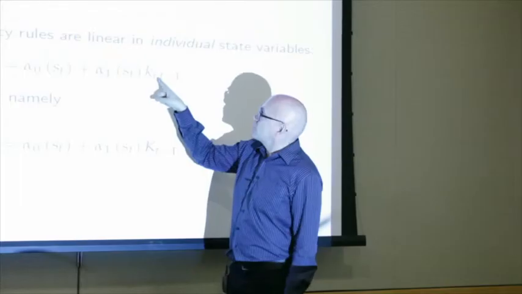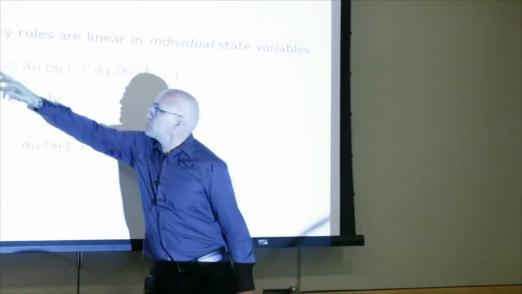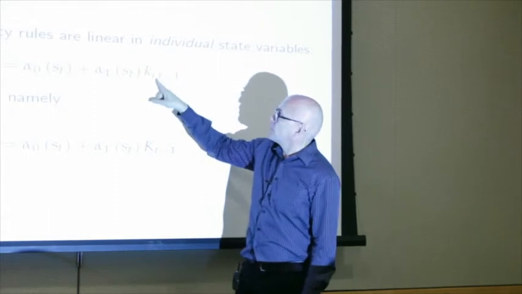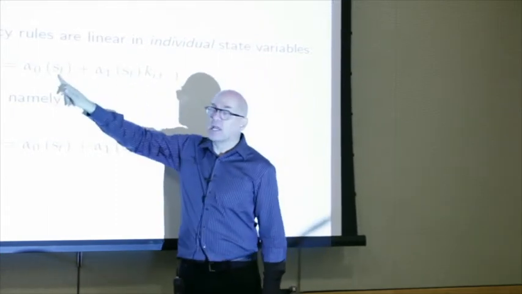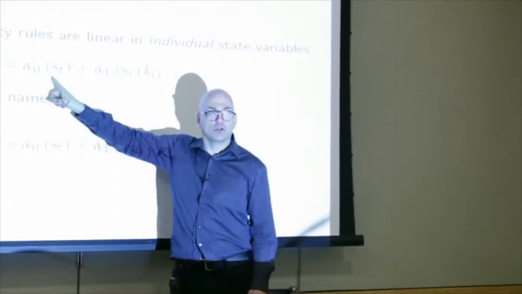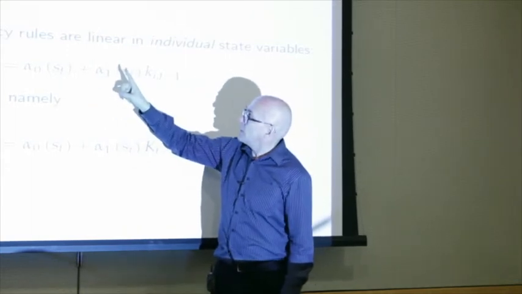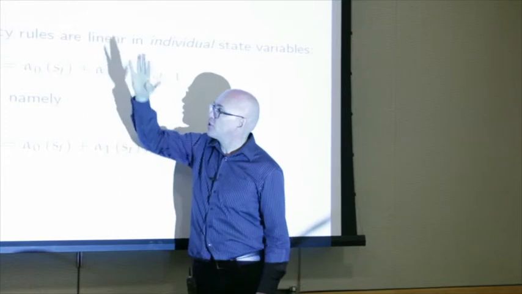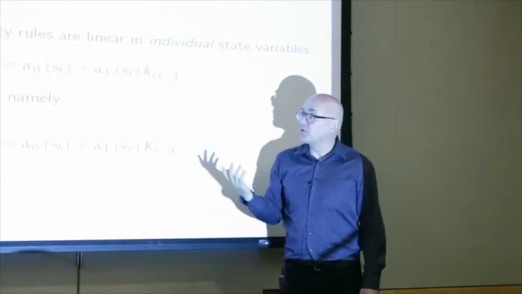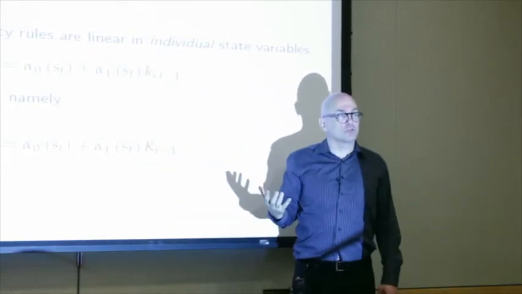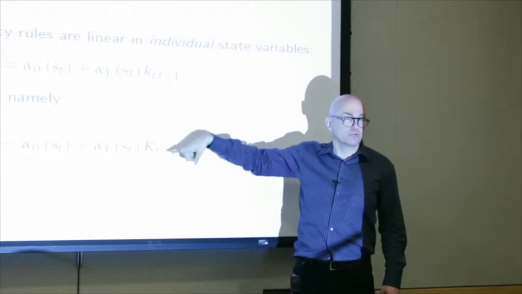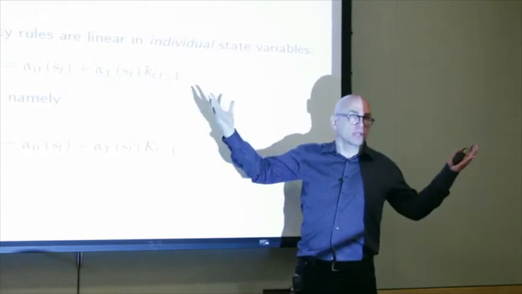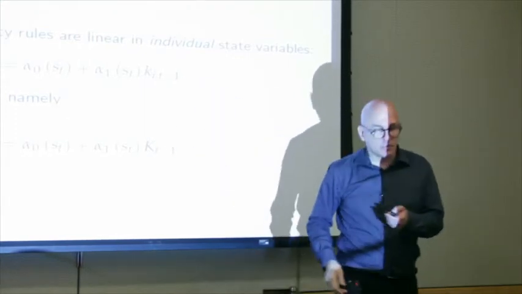This is his choice, this is the level he has now, and S is the aggregate state. So we allow the constant and the slope coefficient to depend on the aggregate state in any arbitrary way. And then, of course, if you want to get the aggregate law of motion, if it's linear, it's trivial. You just aggregate.